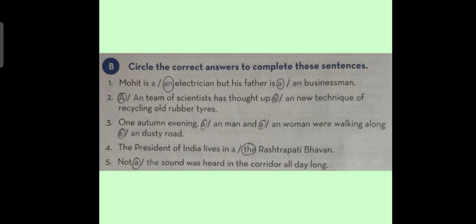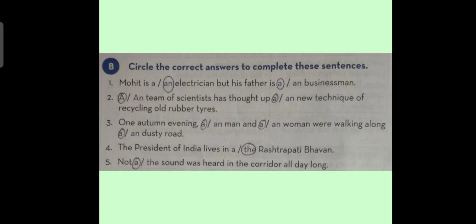We will circle a. In the second option, we will circle a because woman is also a word which begins with a consonant sound. In the third option of sentence number 3, we will circle a because dusty is also a word which begins with a consonant sound.